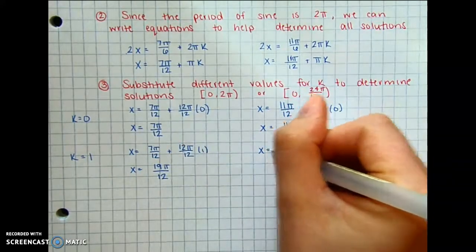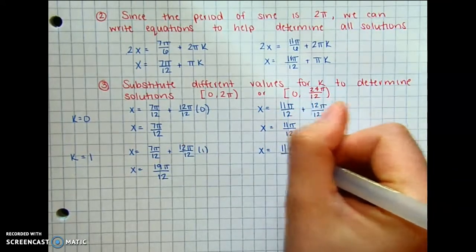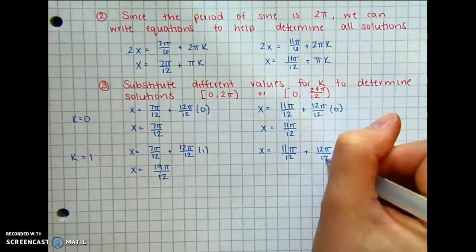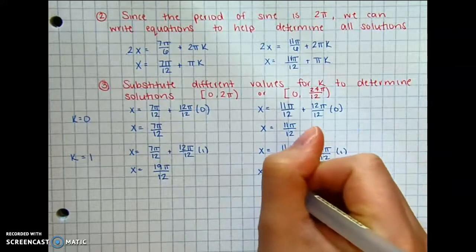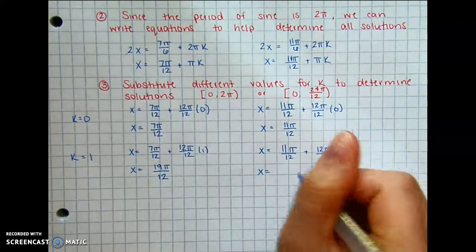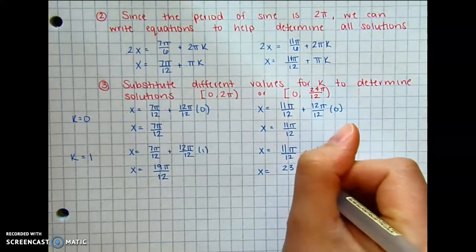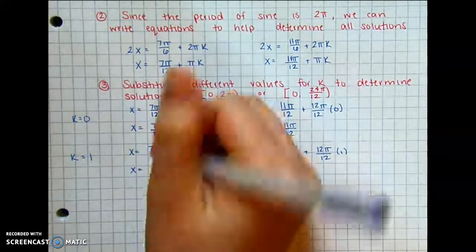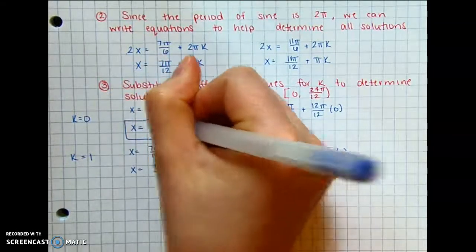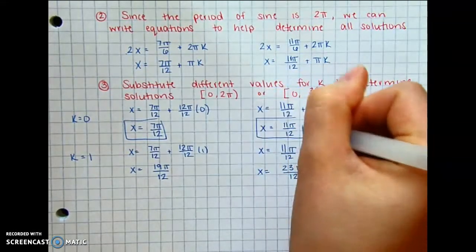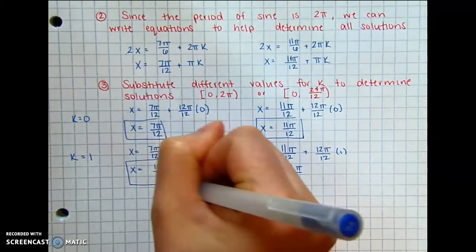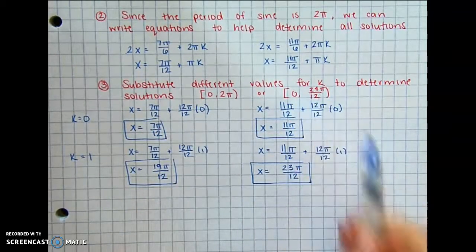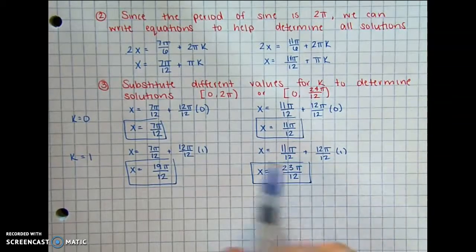And then for this angle, 11 plus 12 is going to be 23. Okay, so far all 4 of these are solutions because they're within the interval 0 to 24 pi over 12, or 2 pi.